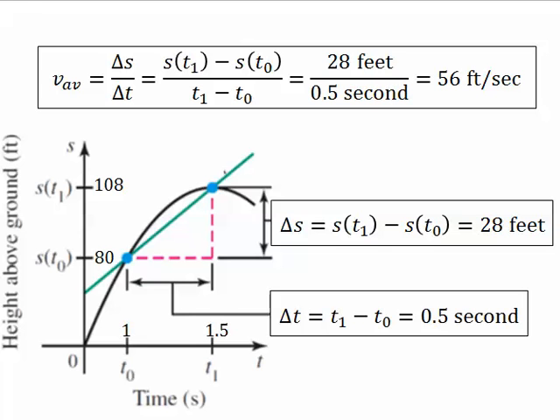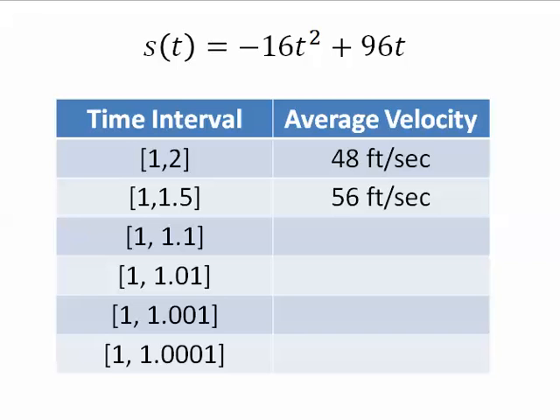So now my average velocity is 28 feet traveled, and it takes half a second for that to occur. And so my average velocity is 56 feet per second. And then we'll just go ahead and fill out the rest of the table.